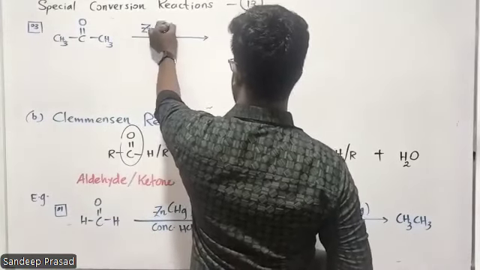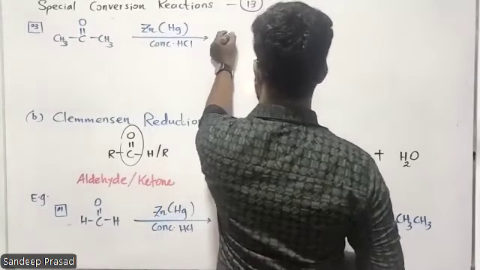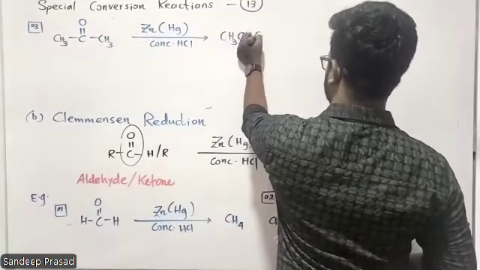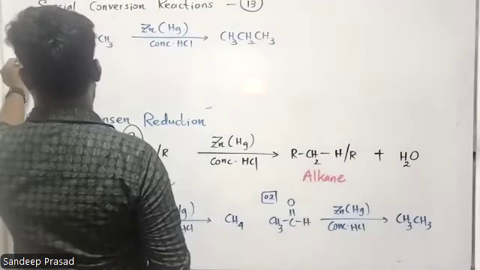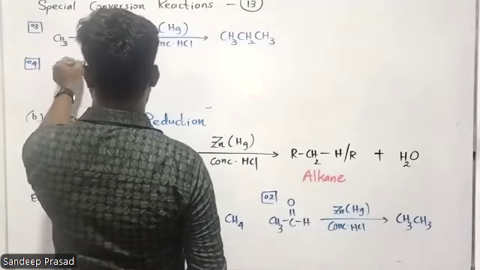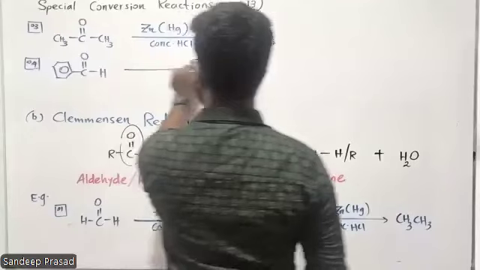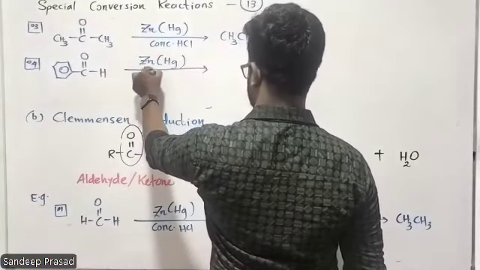Zinc mercury amalgam, concentrated HCl. Then it is producing CH3CH2CH3. Number four, benzaldehyde, zinc mercury amalgam, concentrated HCl.